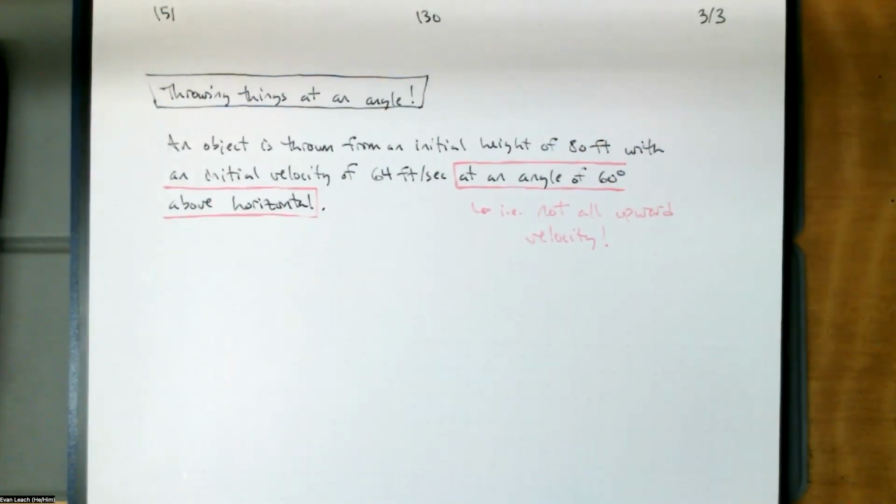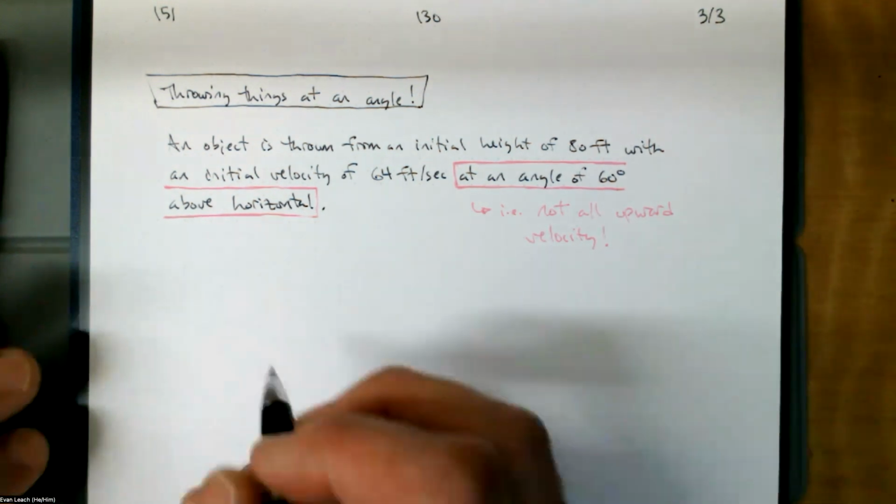So what that means is that our 64 feet per second is not all upward velocity. In the previous problem, we had all 64 feet per second going directly up. Now we're throwing 64 feet per second at an angle of 60 degrees above the horizontal.